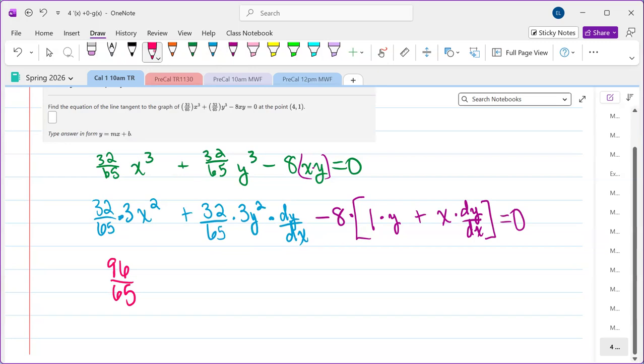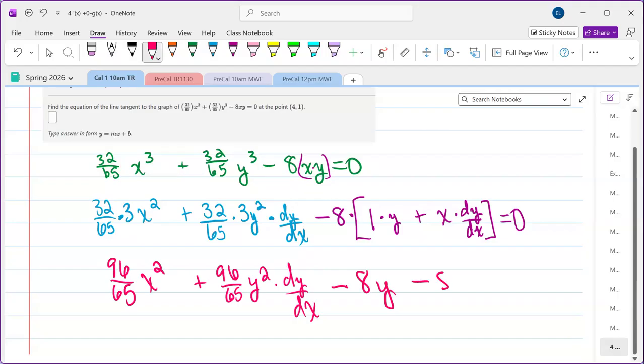So we have 96 over 65 x squared plus 96 over 65 y squared dy dx minus 8y minus 8x dy dx equals 0.